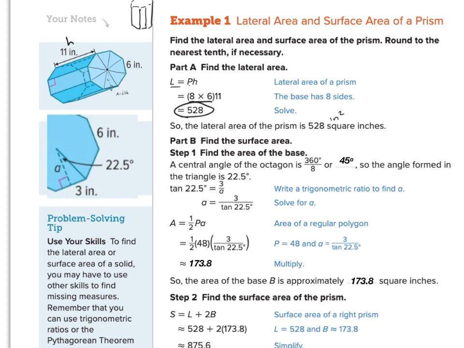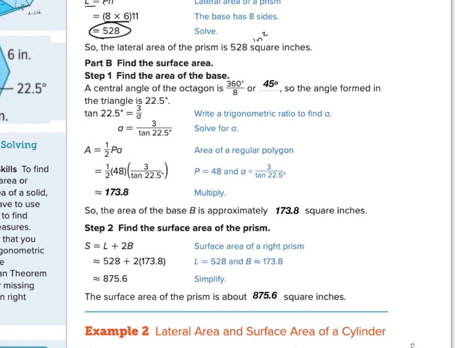But just understand how we deconstruct that image to be able to calculate the area. We all have that capability. If you break it down into those geometric shapes that we've learned about, we can calculate that information.